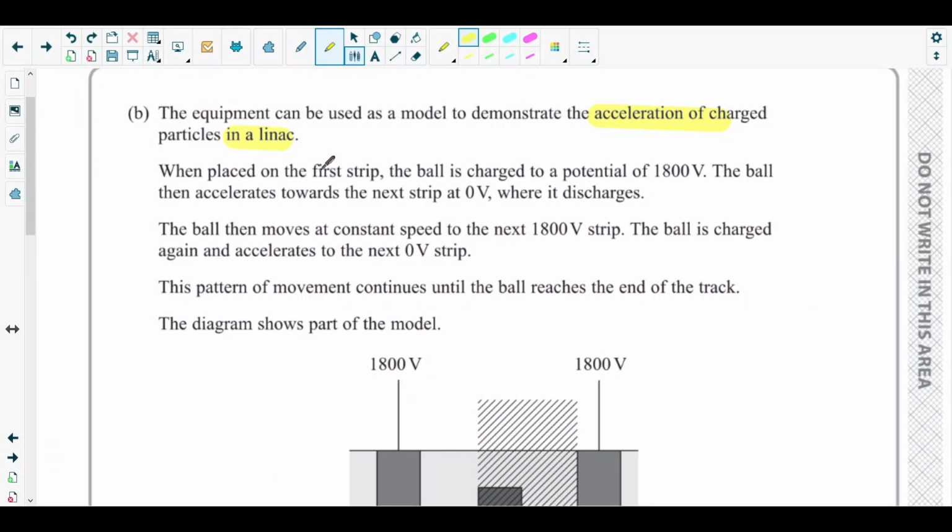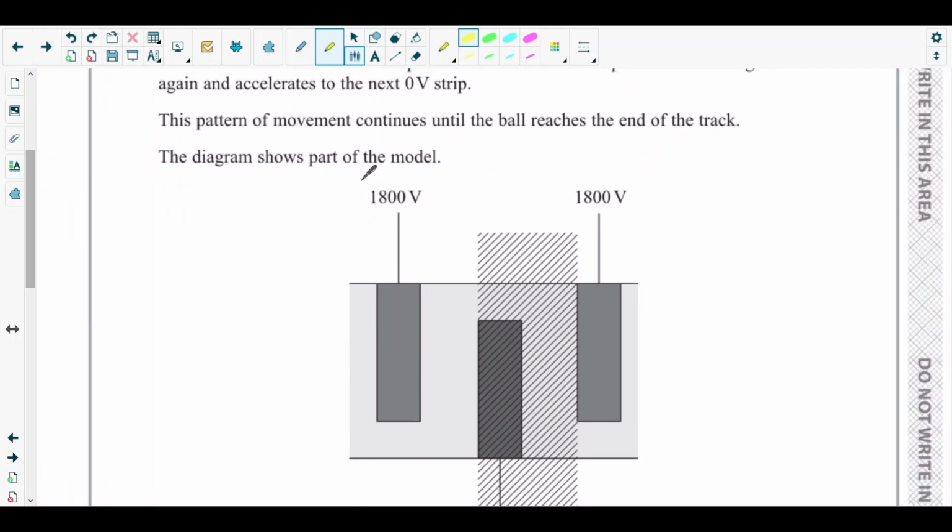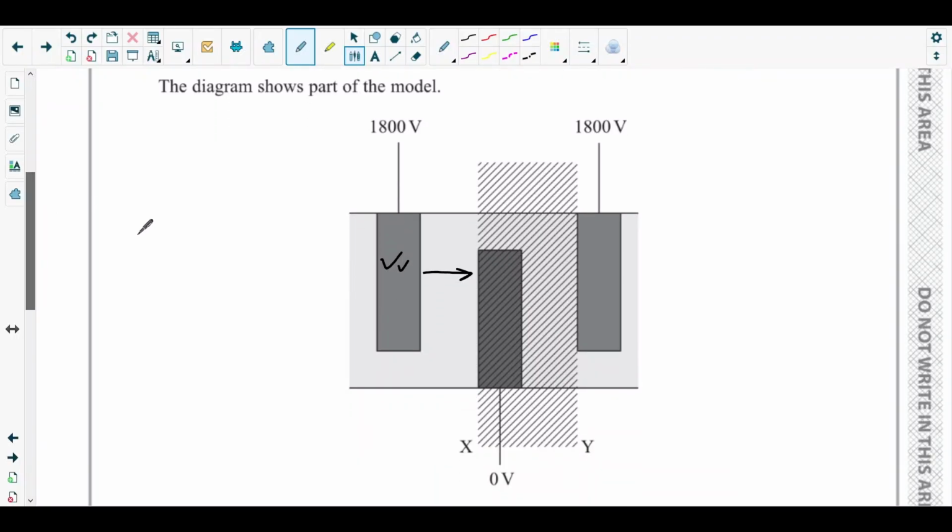Okay, when placed on the first strip, the ball is charged to a potential of 1800 volt. The ball then accelerates towards the next strip at 0 volt where it discharges. So initially when it is on the first strip, it gets charged, and after getting charged, it accelerates through this region and then reaches the strip at 0 volt.